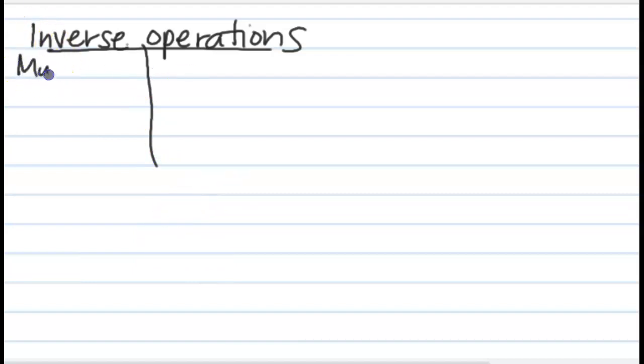We have multiply and divide. These are opposites, inverse operations, and we really don't use our X symbol for multiply very much, or even our dotted kind of slash here for divide.